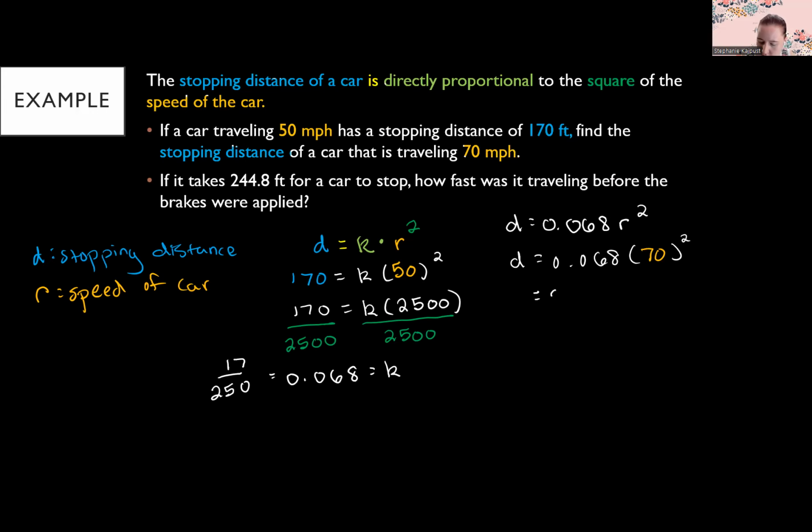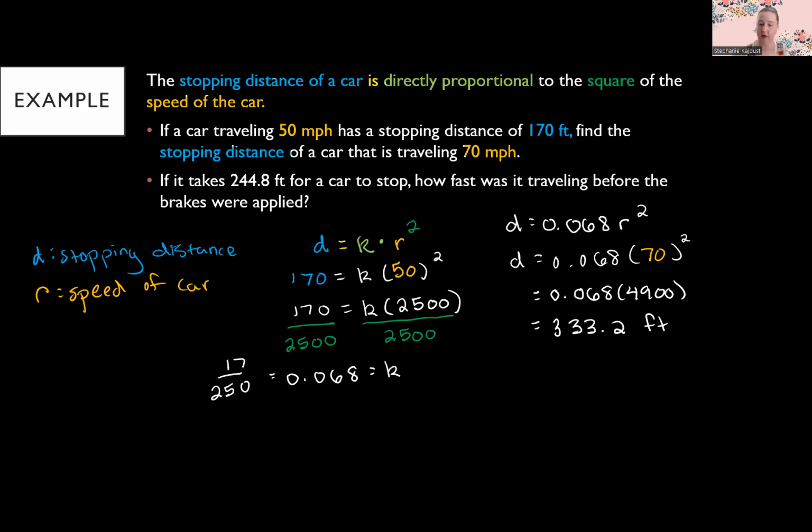Yep. So it's 0.068 times 4,900. And so then I multiply that. We get 333.2. And the units are feet because our stopping distance numbers have all been in feet. So the stopping distance of a car that's going 70 miles per hour is 332.2 feet.